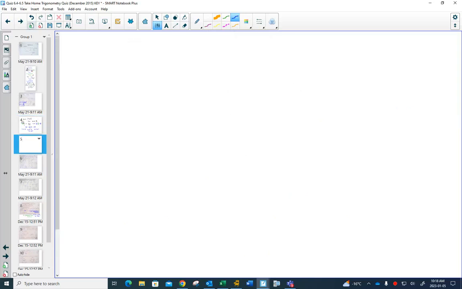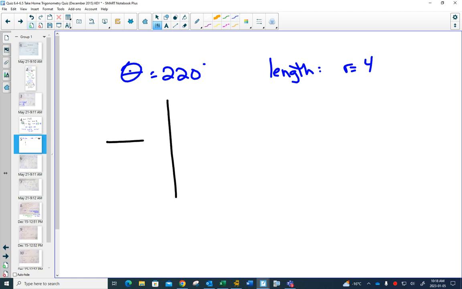Let's say the angle is 220 degrees, and the line segment's length is 4. So I can draw this picture. Here's my 4 quadrants. 220 will end up in quadrant 3.